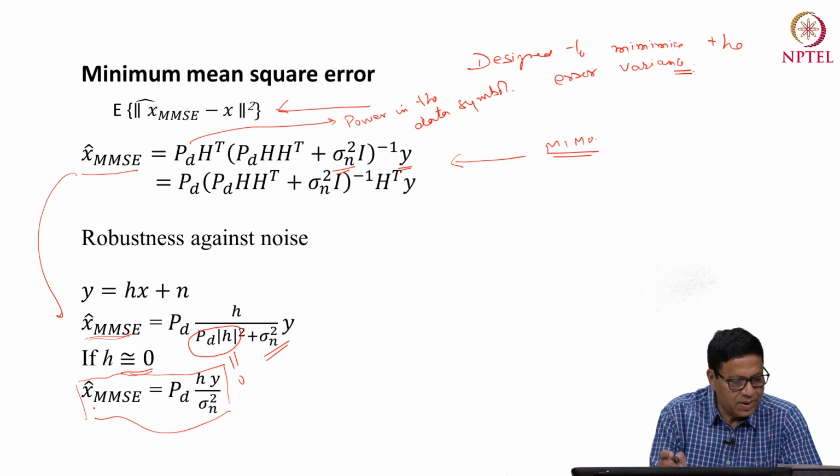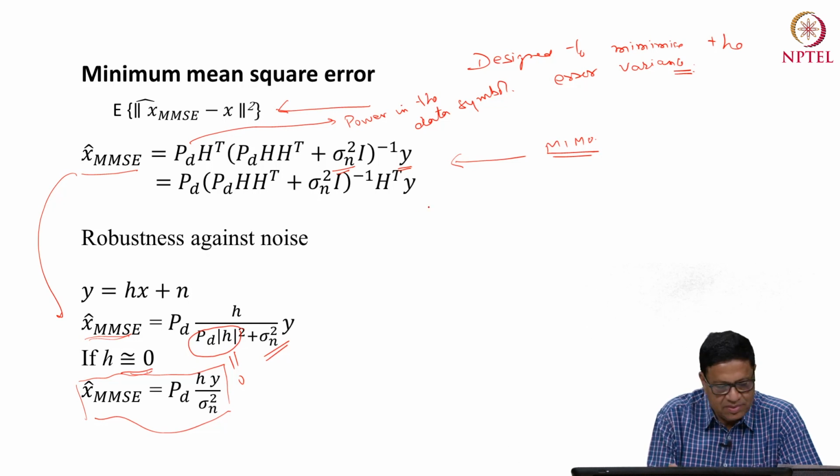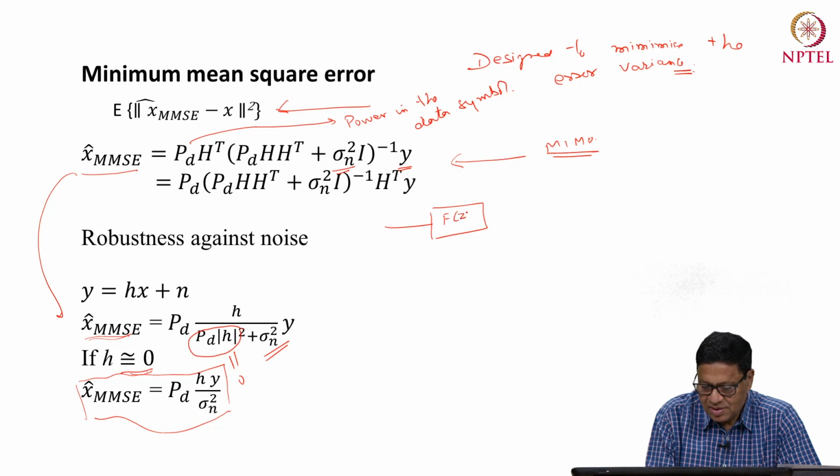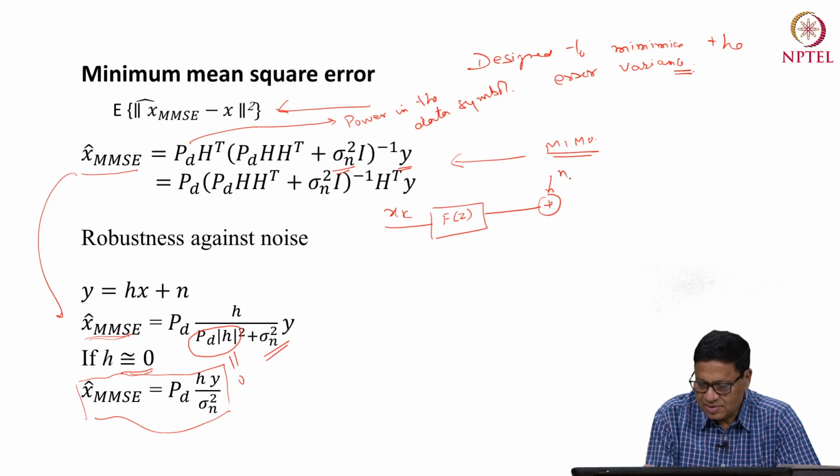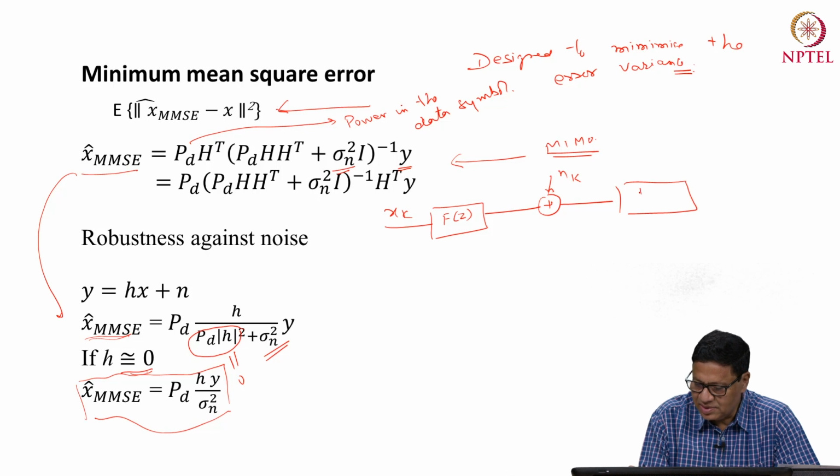This can also be explained using the earlier description. Suppose this is your channel, and this is noise, this is say xk, this is nk, and you have the inverse of this, the MMSE equalizer in this case, and what you get is xk estimate.